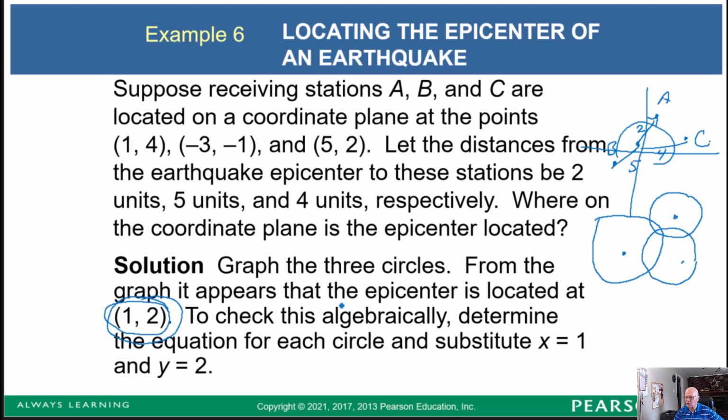And you can check that algebraically. Take the point 1, 2, and put it into all 3 circles' equations, circle A, circle B, circle C. See if it works in all 3. If so, then that is the epicenter.